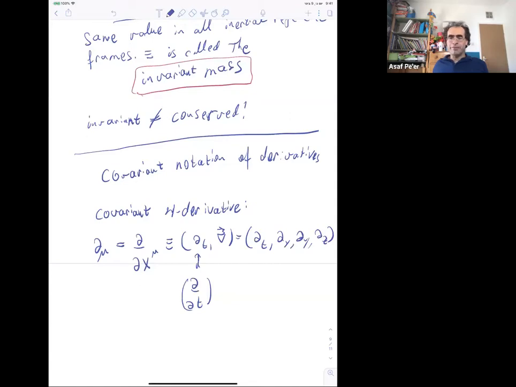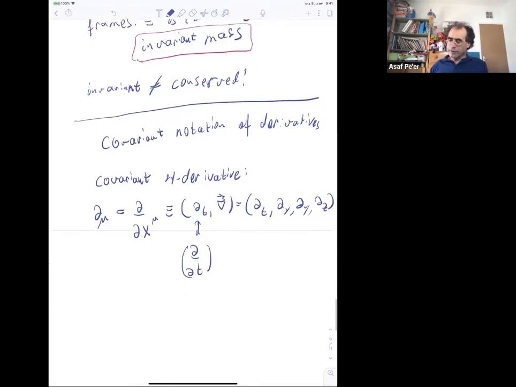So you'll often see me using that. Possibly I might not even notice that I'm using it, because once you get used to it, it gets very handy and easy to use. And that's what it means. Now there is also a contravariant derivative.